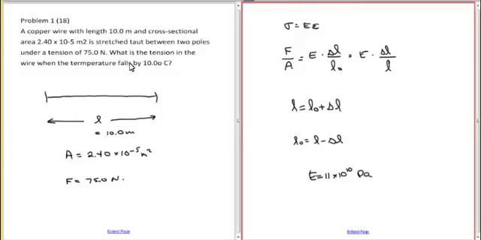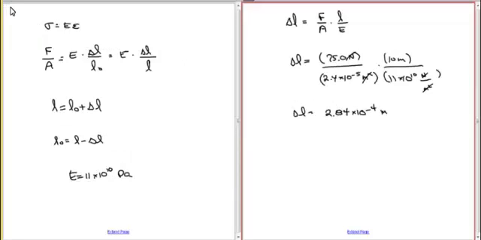Now, it says, what is the tension in the wire when it falls by 10 C? So what's going to happen is that the wire is going to want to contract. It wants to get shorter, but it's going to be restrained, so it's going to hold the length. So what we do is we calculate the change in length due to temperature change, and we're going to add that to the change in length originally in the tension of the wire.